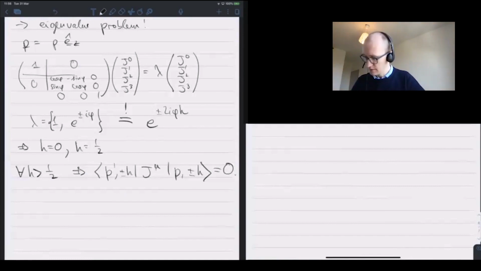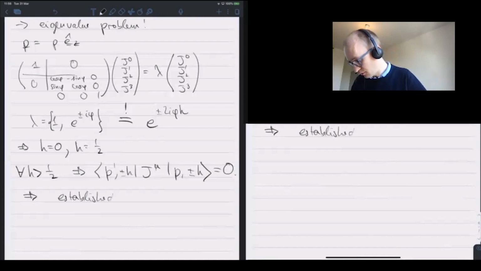Okay. So of course this also is true in the limit p prime goes to p. So we have established part A of Weinberg-Witten.